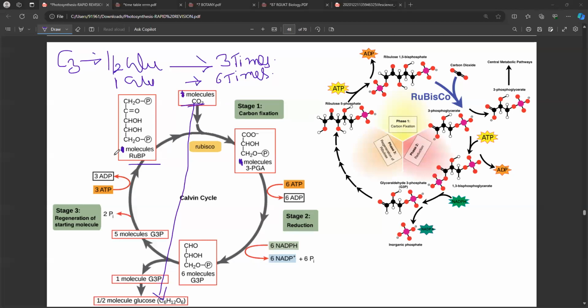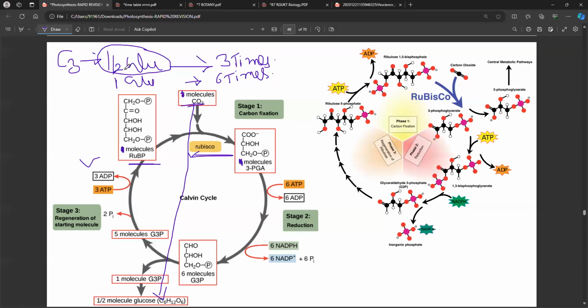Again, people are getting confused between RuBP and Rubisco. All the students keep the point in your mind. Rubisco is the enzyme. RuBP is the carbon acceptor. Never ever get confused with that. I'm explaining you directly, friends. I always talk about half glucose. By that, we can calculate for multiple glucoses easily.